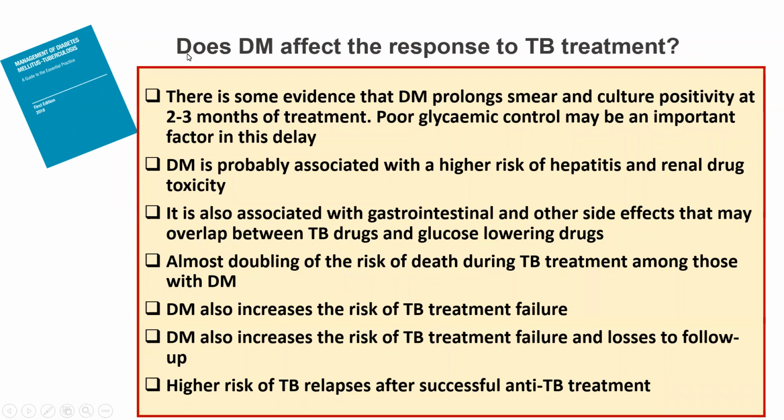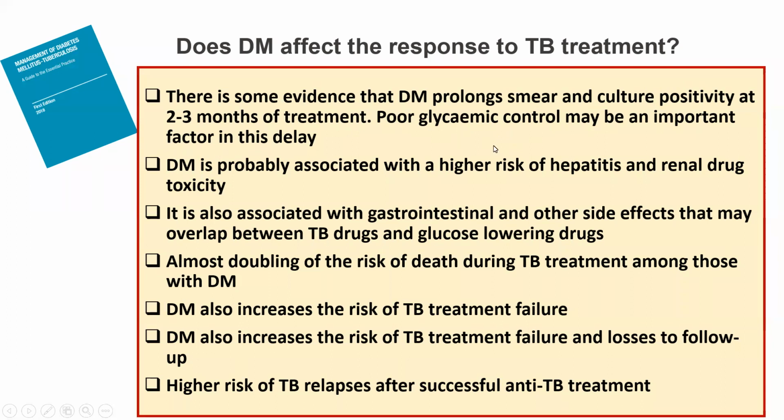Now, the other question is whether diabetes affects the response to TB treatment. If a patient has diabetes, does it alter the TB treatment outcome? What was said, which is very alarming, is that there is some evidence that diabetes prolongs smear and culture positivity at 2 to 3 months of treatment, especially if there is poor glycemic control.